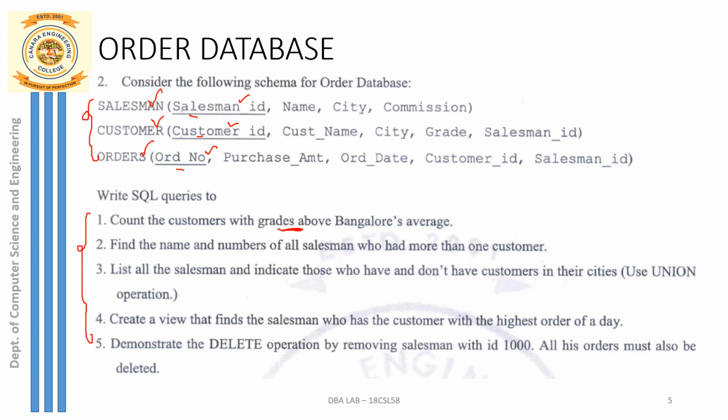So let's see this first query. As per this first query, we are supposed to count the customers with grades above Bangalore's average. In the question, they have mentioned the city of the customer as Bangalore. The meaning is, in our table, we need to have at least a few entries for the city attribute as Bangalore.